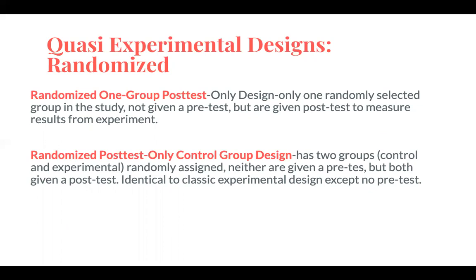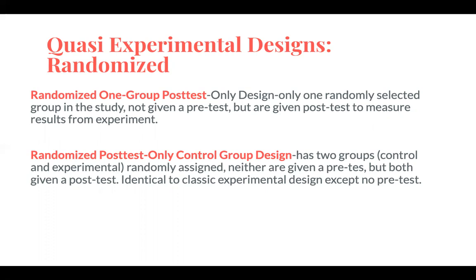So your participants are randomly selected in terms of their participation in your study, but there is not a control group. They all are exposed to the stimuli, and they are not given a pretest. They're only given a post-test.